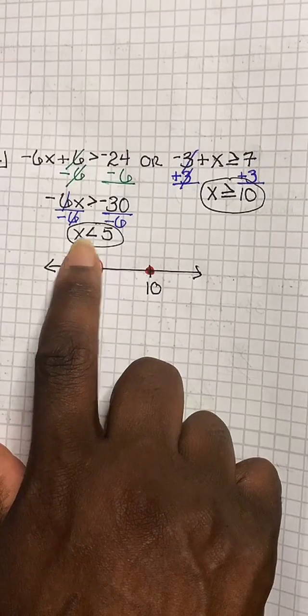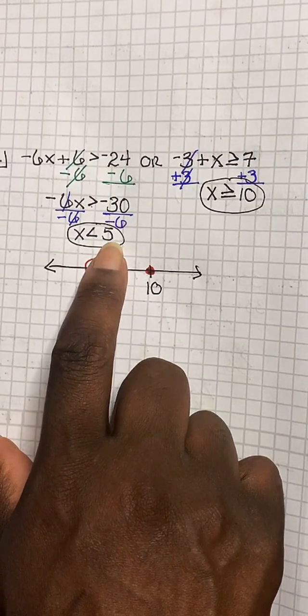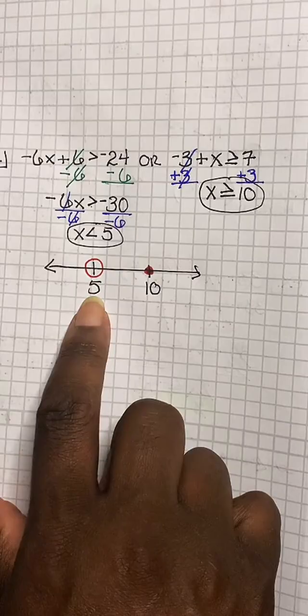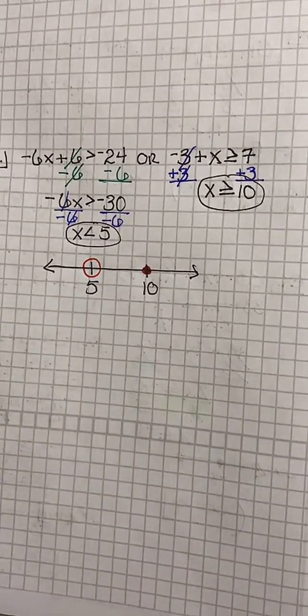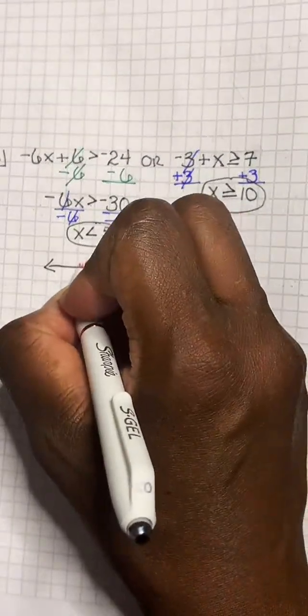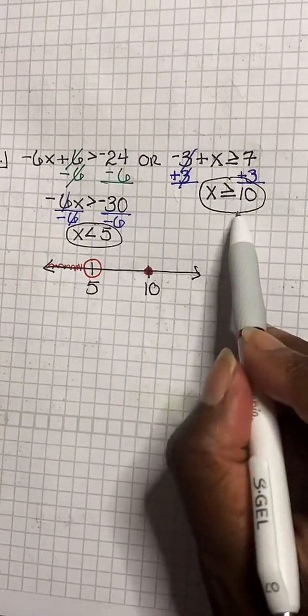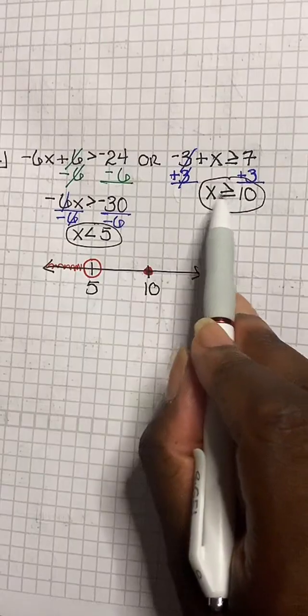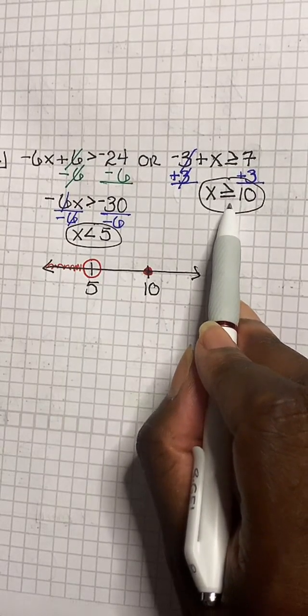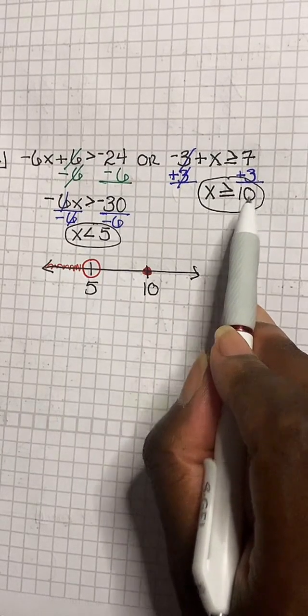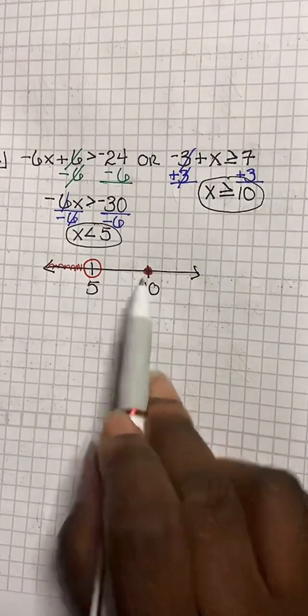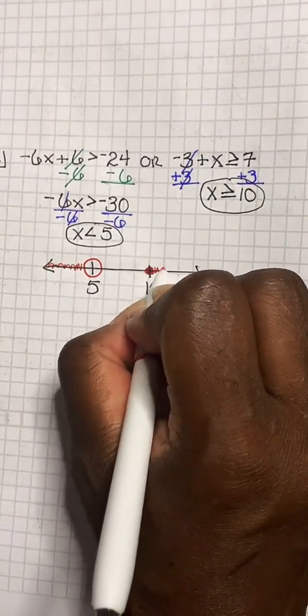So we're saying x is less than 5. Here's 5, and we're dealing with numbers that are less than it. So that means we're going to the left. Here, it's saying x is greater than or equal to 10. Well, here's where it's equal to 10, and we're doing greater than.